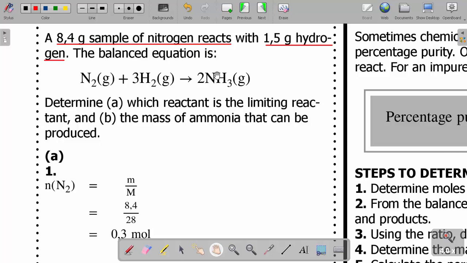Somebody can say, why don't you use one which is in excess? Because it will be misleading. I don't have enough hydrogen. Did you hear that? I don't have enough hydrogen. So I must use hydrogen to know how much ammonia I can produce. Because as soon as hydrogen gets finished, the reaction will stop because I don't have any more of it. Remember that nitrogen was in excess.